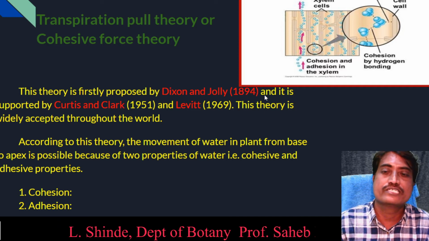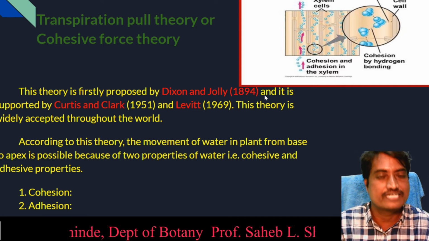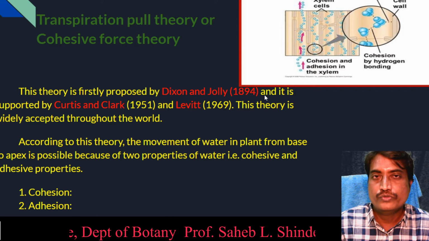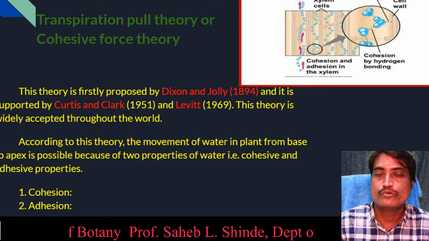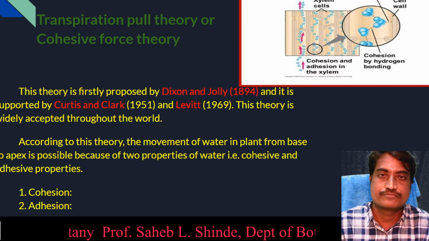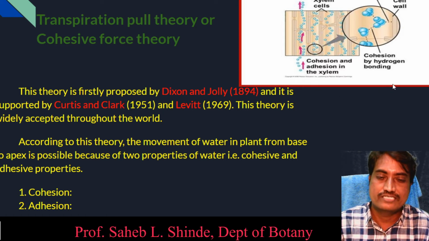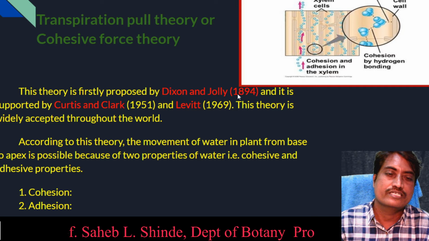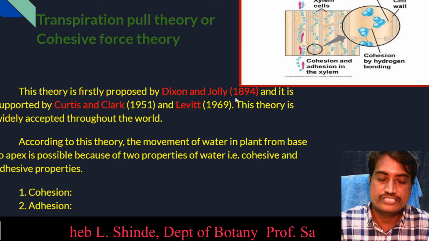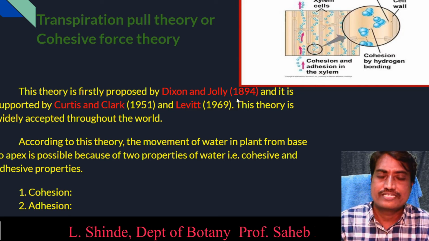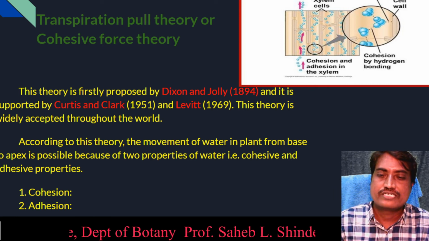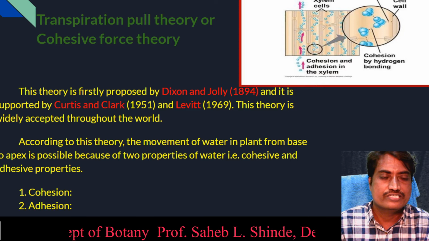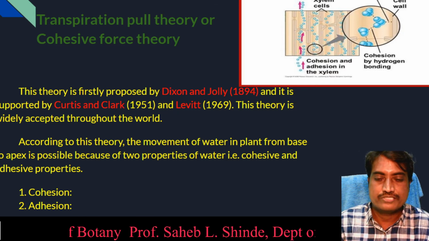The second name of that theory is the cohesive force theory, meaning the cohesive property of water also has a role in the upward movement of water in the plant. That theory was first given in 1894 by Dixon and Joly. Later on it was accepted by many physiologists, Leavitt, Curtis, Clark. Nowadays this theory is accepted.